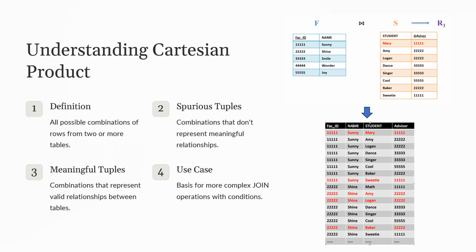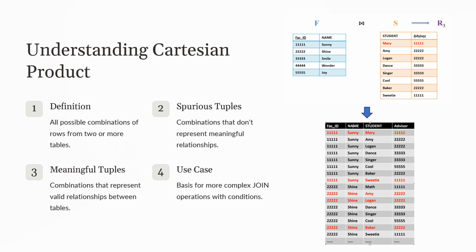So here's an example. The Cartesian product returns all possible combinations of rows from two or more tables. When you merge without the join condition, this will create random, unrelated row combinations that don't represent a valid relationship.